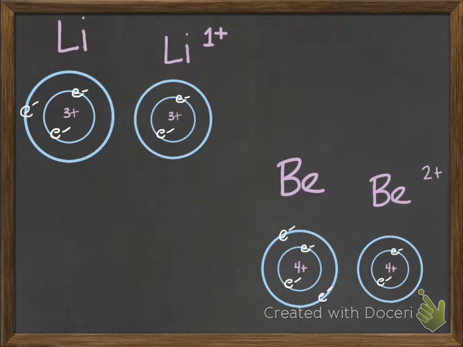So we've got here from group 1, lithium, and we also have the lithium 1+ ion. And you'll note that I've drawn the lithium 1+ ion a little bit smaller than the neutral lithium atom. Well, why is that? Remember that it all comes down to forces of attraction and repulsion, and it comes down to whether or not it's a fair fight.